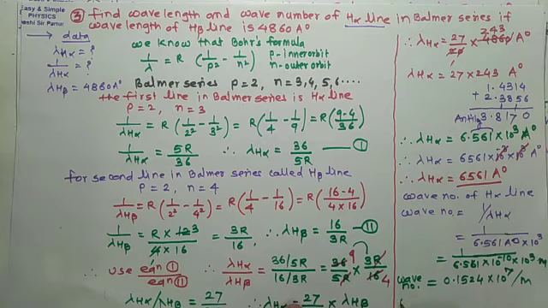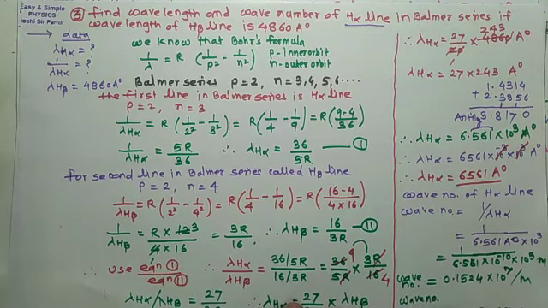So the wave number of the H alpha line is equal to, by shifting the decimal point, 1.524 into 10 raised to 6 per meter. So the two answers are given.